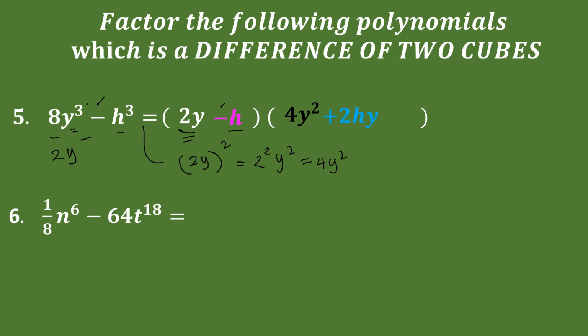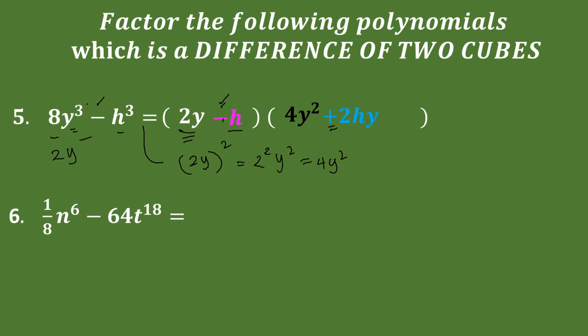And remember that in the sum of two cubes, we have here a plus in the binomial set and the additive inverse in the trinomial set. But this time, since it's difference, the binomial set has a minus, and the trinomial set, the additive inverse of our minus will be already a plus.